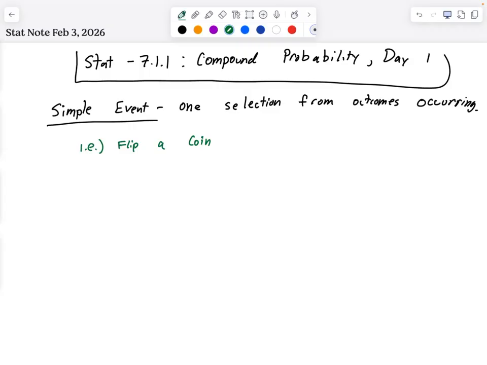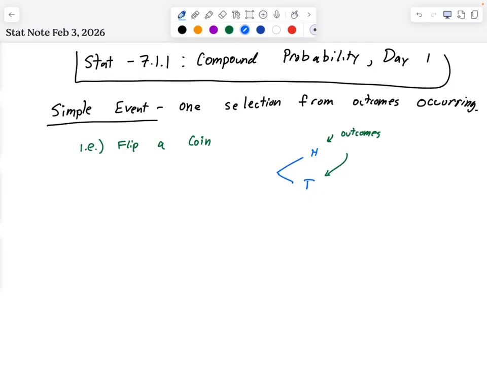Okay, so that's the event. We flip a coin, that's the event. And we know that our options that can happen are a heads or a tails. These are the outcomes. You have a heads or a tails.